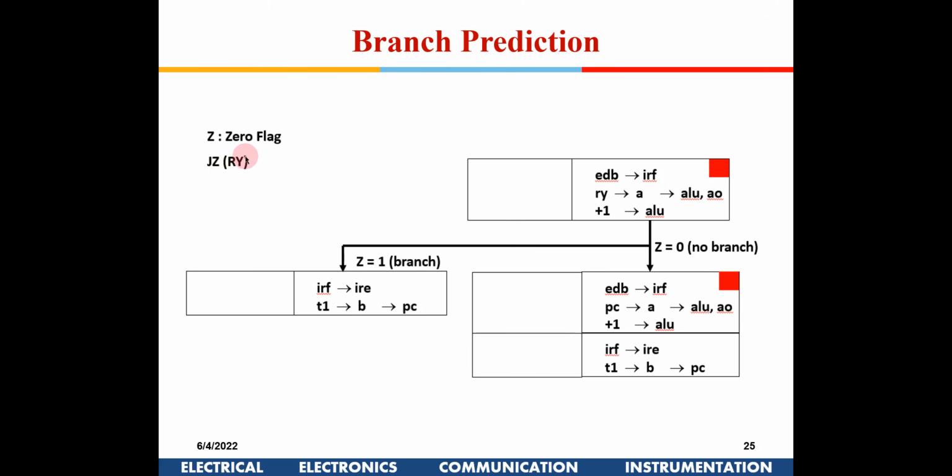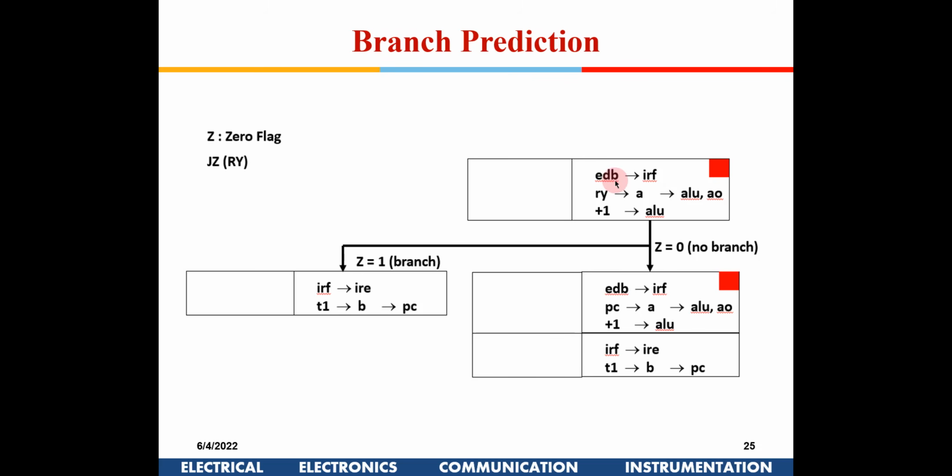So if the probability of jump is very high, what we do is these blocks are left empty here, showing that there is some execution happening here. Okay, so this is a level 1 flowchart actually. So here some execution is happening.